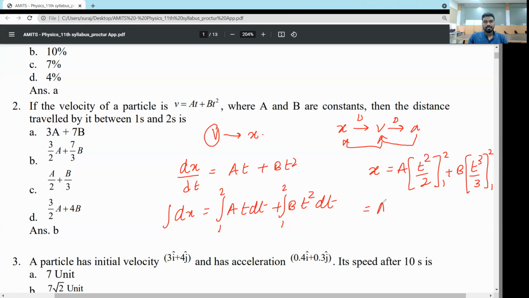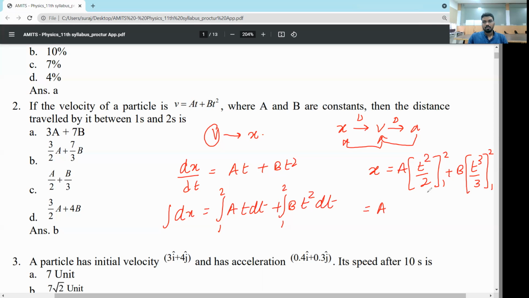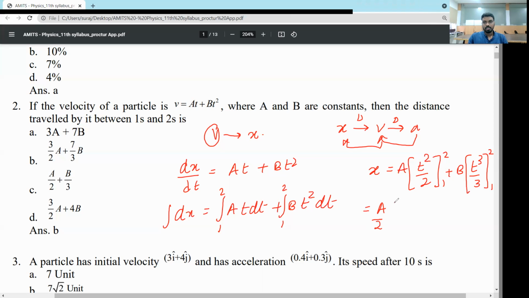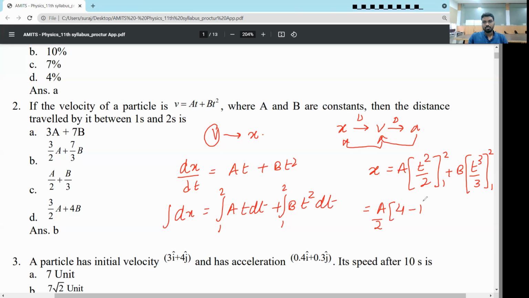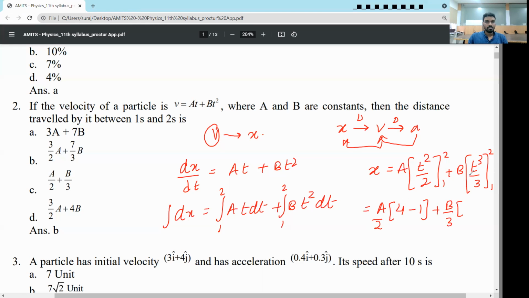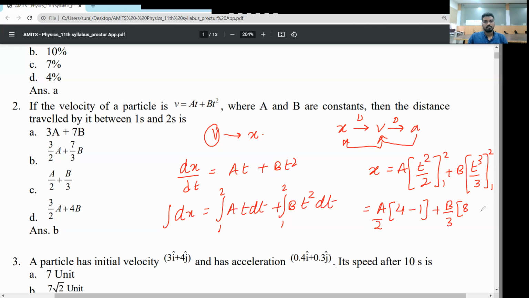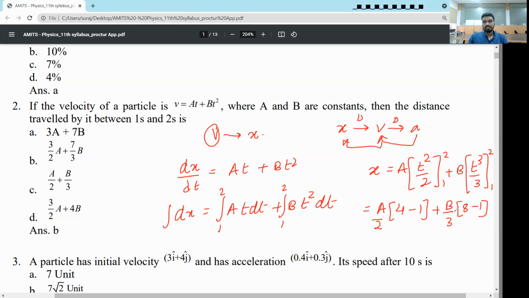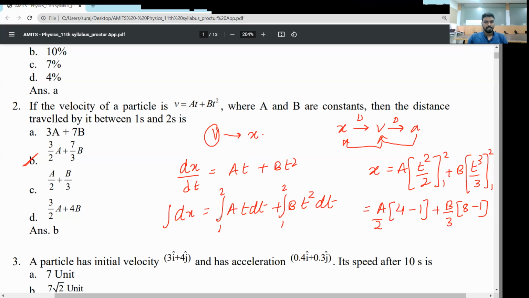So this becomes a by 2 times 4 minus 1, plus b by 3 times 8 minus 1. So 3a by 2 plus 7b by 3. Option B is correct. Velocity to displacement, you just need to integrate it. Displacement to velocity, just differentiate it. Clear? Coming to the third question.